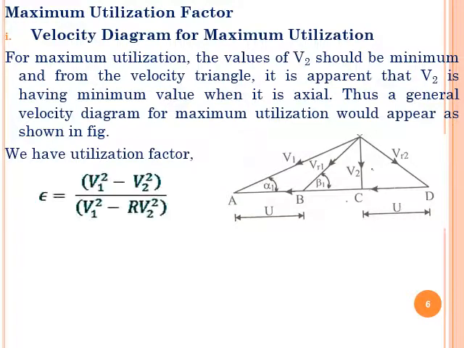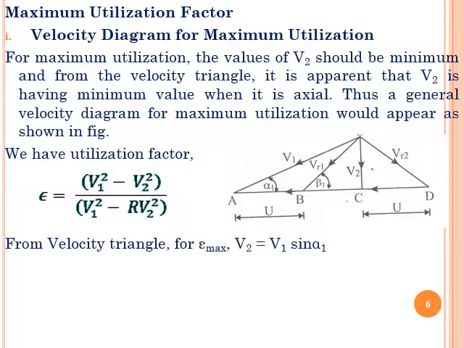Here the utilization factor is given by V1 square minus V2 square, to the ratio of V1 square minus R V2 square. From the velocity triangle for maximum utilization, V2 is equal to V1 sin alpha 1, because sin alpha 1 is equal to V2 by V1.